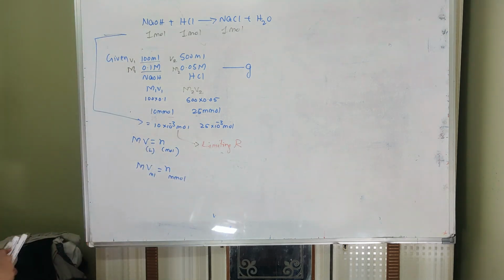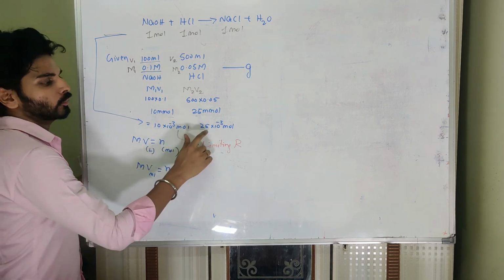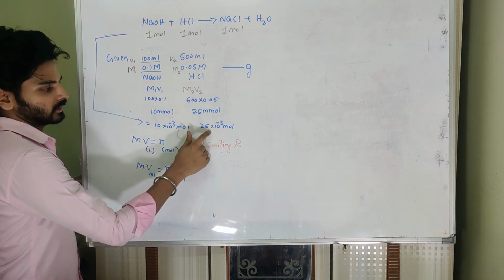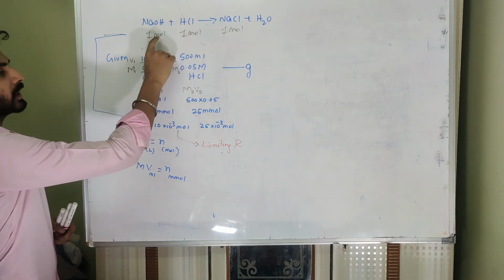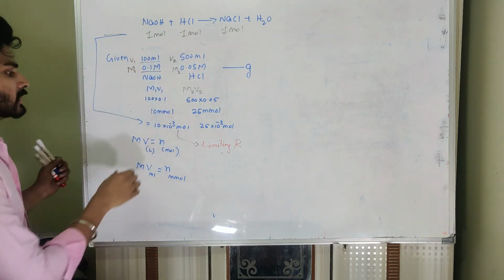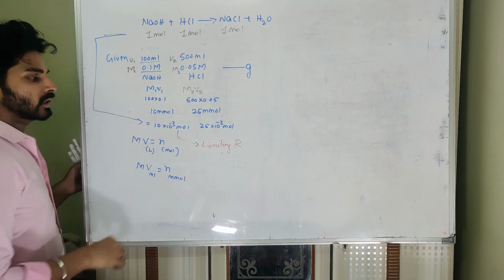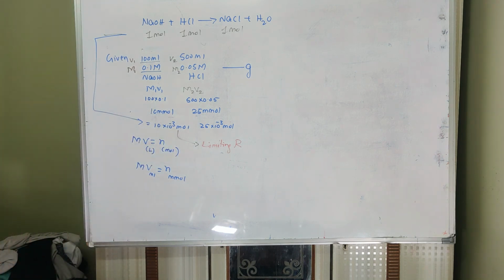Here the less quantity is 10 millimole, as we can understand. So 10 millimole will only require 10 millimole of HCl, not 25. So 15 millimole is extra because the ratio needed is 1:1. That means NaOH will get consumed in the process first.